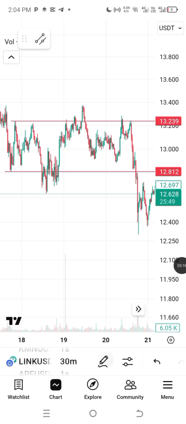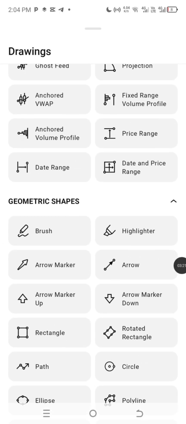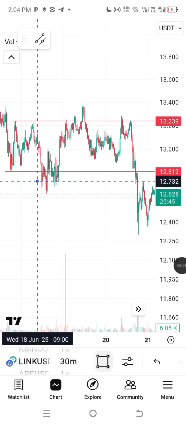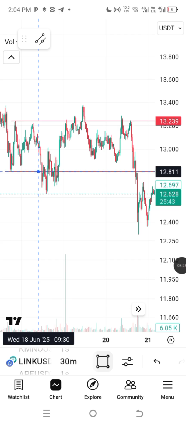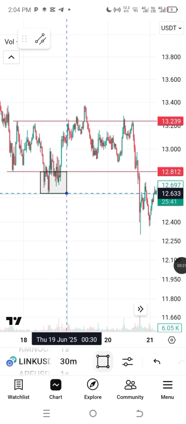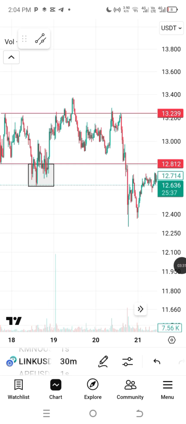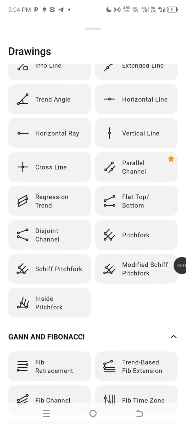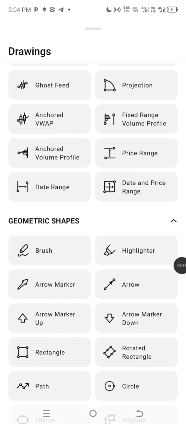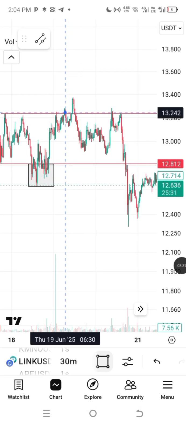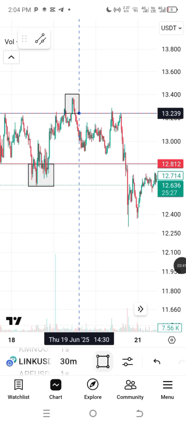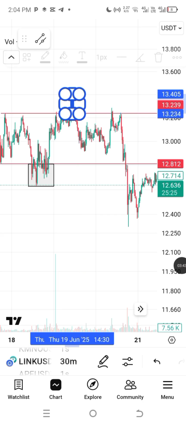Now, you see how price broke out from this range with a very massive momentum, right? Good. Price broke out, massive momentum. It also broke out from here as well.